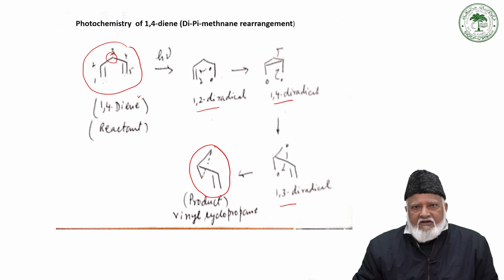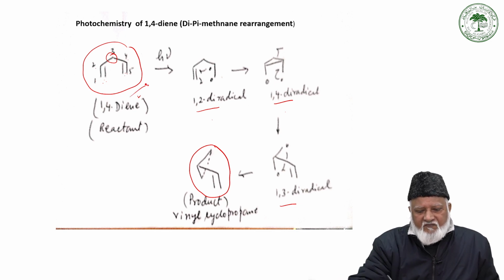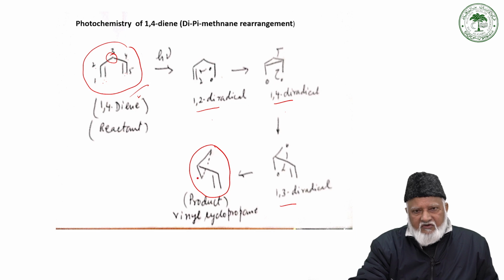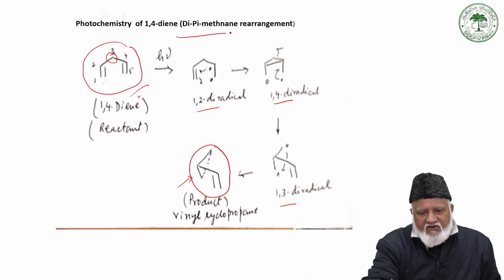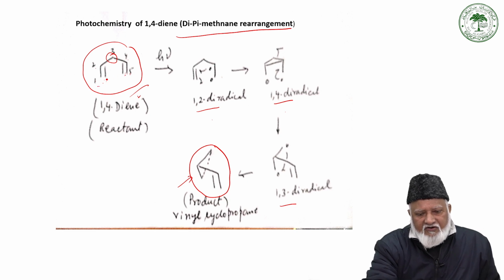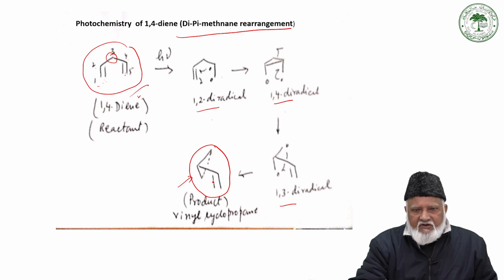This is a very interesting rearrangement, because from an open chain system we construct a highly ring-strained cyclopropane ring, which is synthetically important. This rearrangement is also known as the di-pi-methane rearrangement, because whenever we have two pi bonds separated by a methylene group, it may undergo this type of rearrangement.